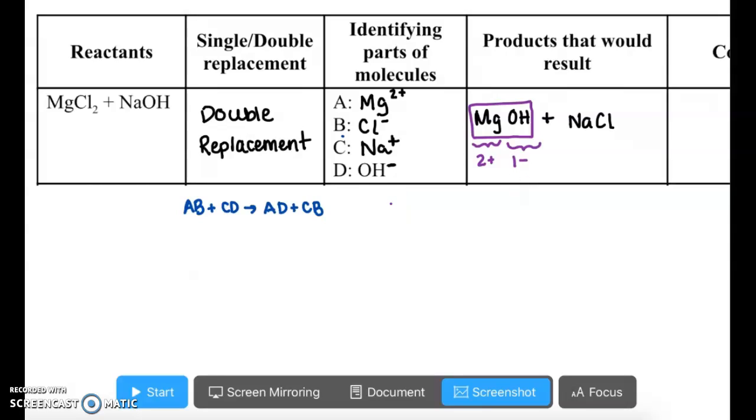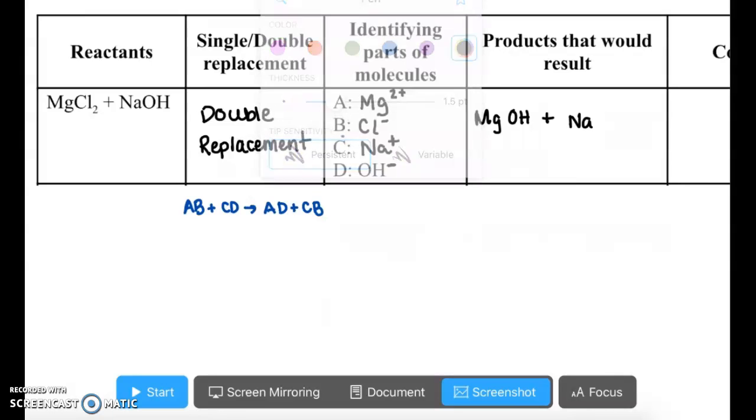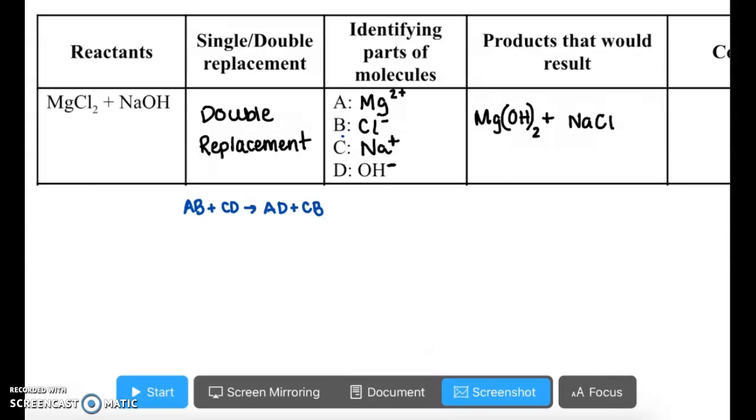So I'm going to add a subscript onto my OH. It'll look like this. Oops, didn't mean to delete that. I'm going to add around the parentheses a 2. That way my Mg with a 2+ charge and my OH with a -1 charge doubled. Overall, that molecule is neutral.